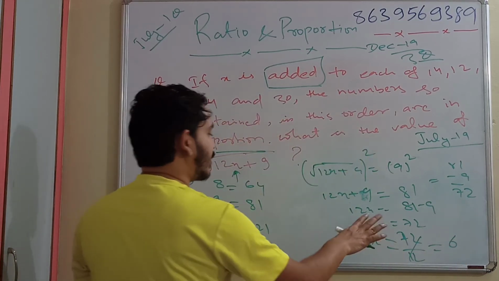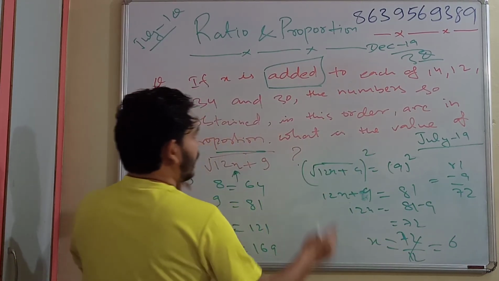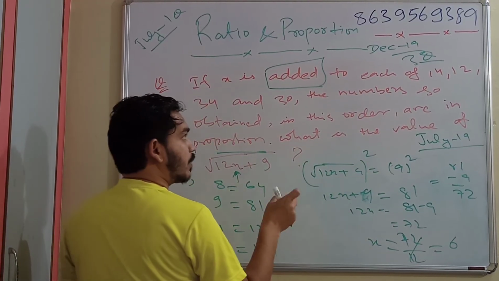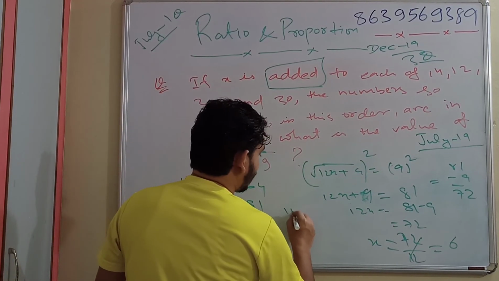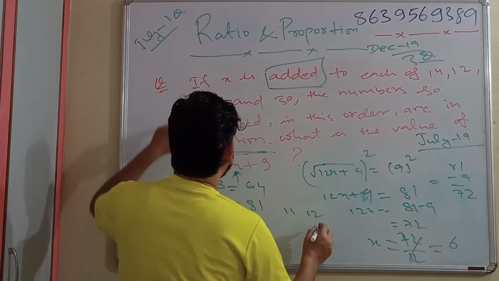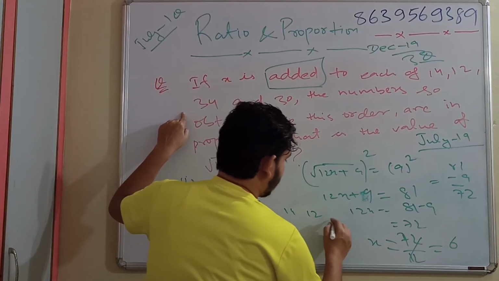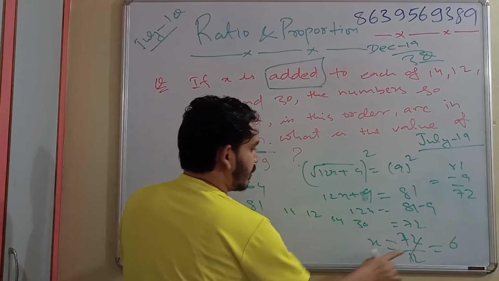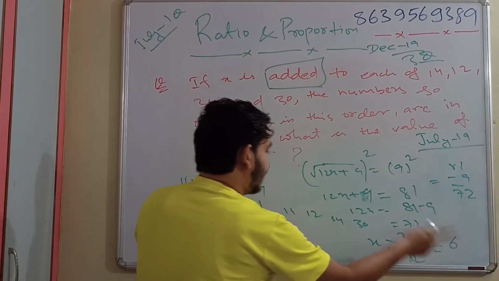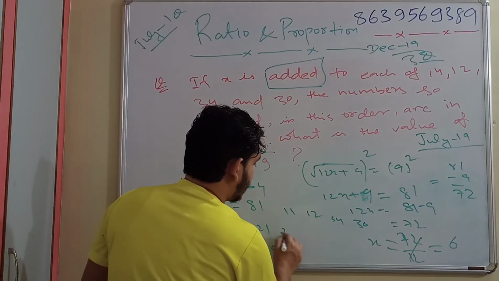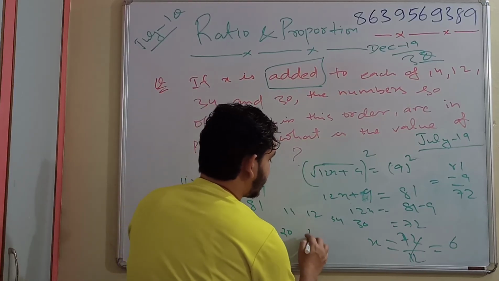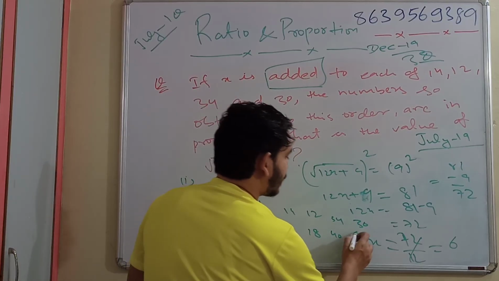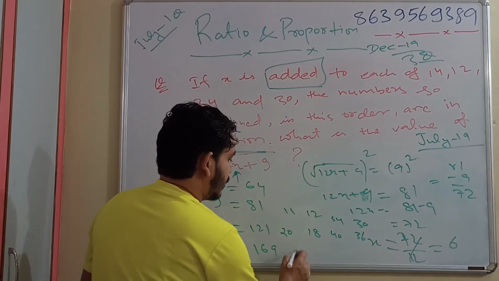So this is giving one such integer value. Let's put in that number and see if this gives a proportion or not. The numbers are 14, 12, 34 and 30. Now when I add 6 in each case, 14 plus 6 is 20, 12 plus 6 is 18, 34 plus 6 is 40 and 30 plus 6 is 36.